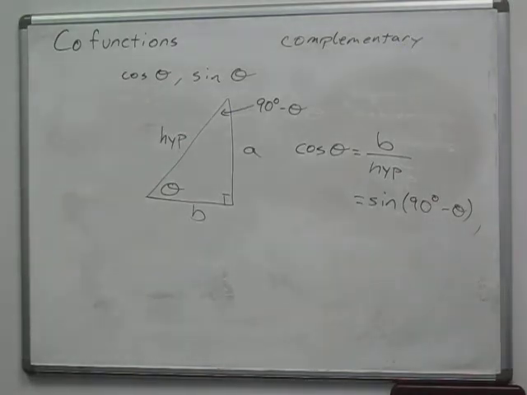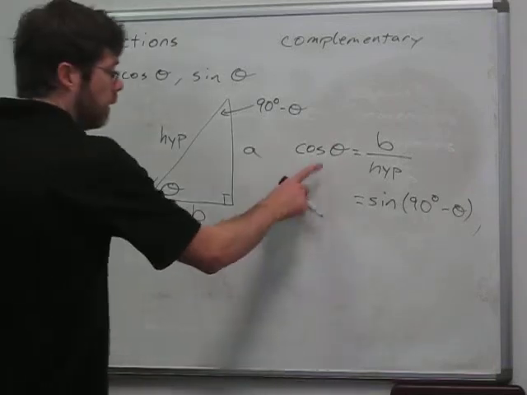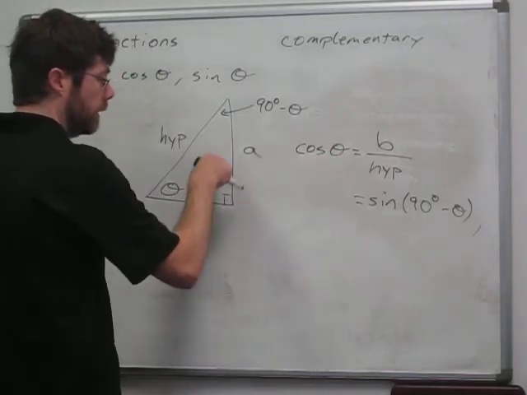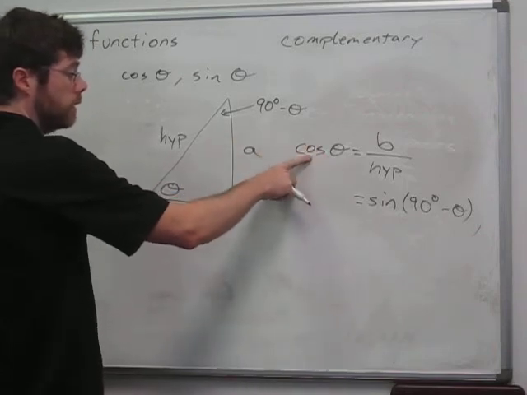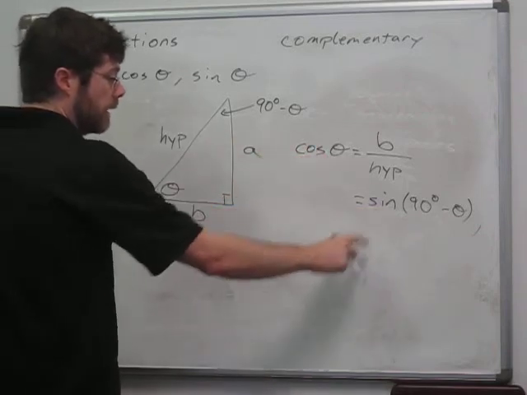And we could do the same thing showing that the sine of theta is the cosine of 90 degrees minus theta. So in this relationship in a right triangle, or when we're dealing with acute angles, cosine is just the sine of the complement.